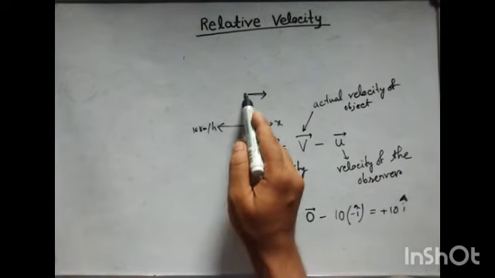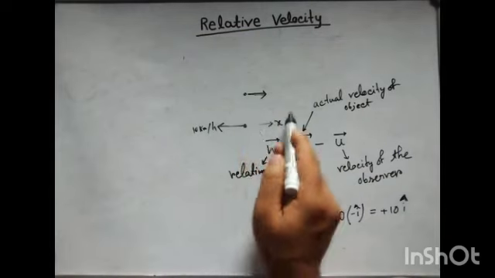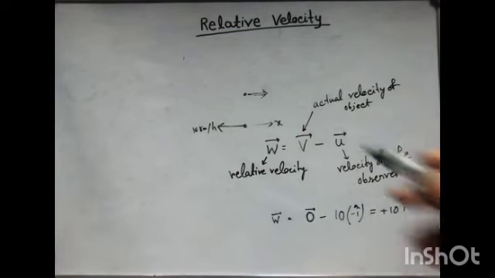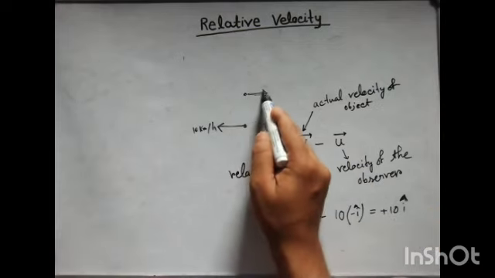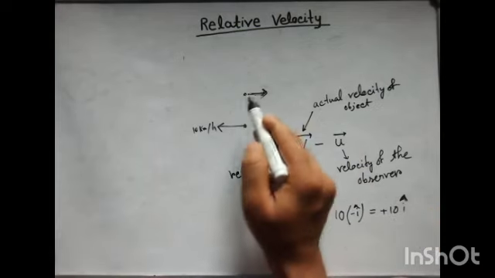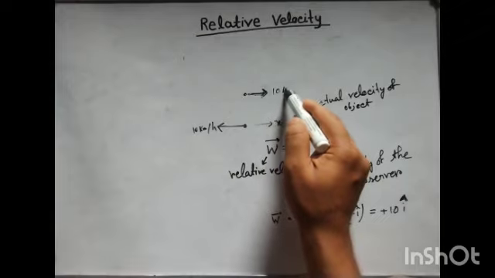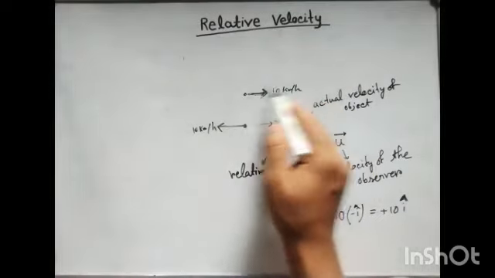So the direction of relative velocity will be towards the positive x-axis because this is plus i cap, and how much velocity it will get, the relative velocity, that is 10 kilometer per hour eastwards.